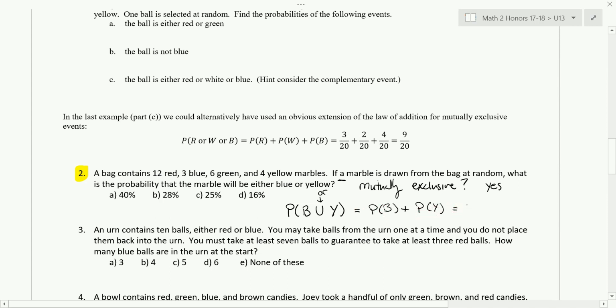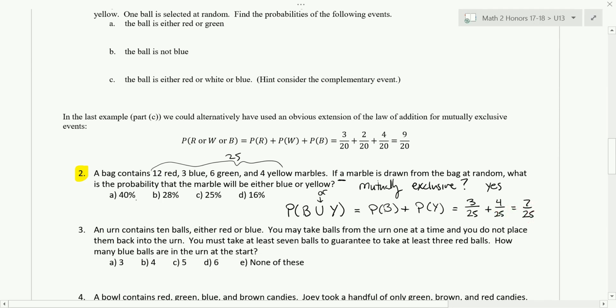Now there are 3 blue out of how many marbles? So if we count them, we get 25. So 3 out of 25. And then yellow, there are 4 yellow out of 25. And so we get 7 out of 25.